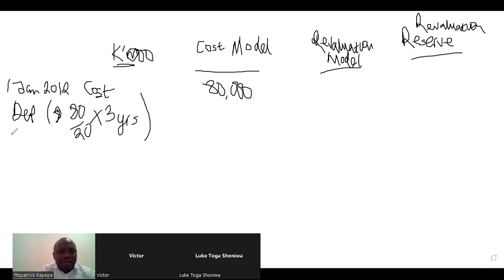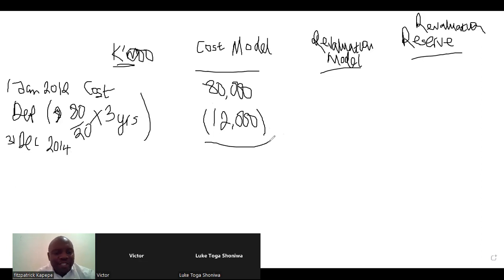This is on the 31st December 2014, which gives us 12,000, or 12 million, as depreciation. At this point, we haven't yet revalued the asset.